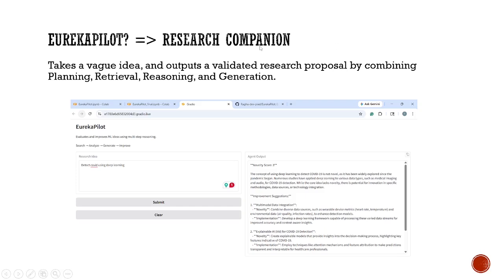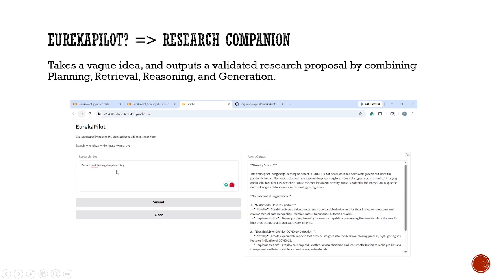In this slide you can see a simple user interface of the application. We have two terminals. On the left hand side we have the input terminal, and on the right hand side we have the output terminal. On the input side, the user submits the research idea, and the intelligent AI application here will determine if this idea is already existing or not by going through the research papers, and it gives a novelty score.